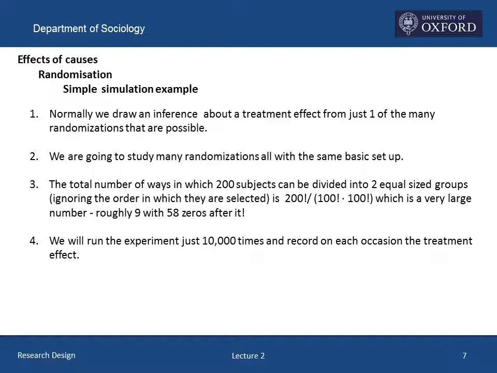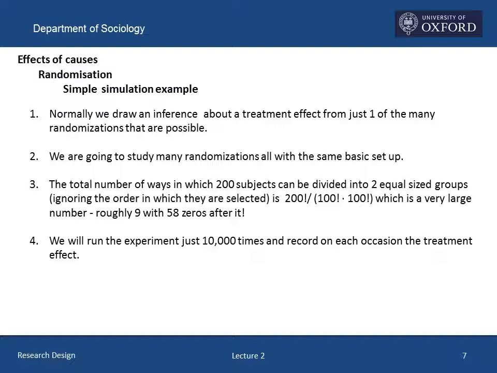In other words, we're going to see what happens when we are in the happy situation of being able to repeat our experiment over and over again, with the knowledge that the process generating the individual level variation in the response is the same on each occasion. What is going to differ is which subjects are randomized to the treatment and control group.